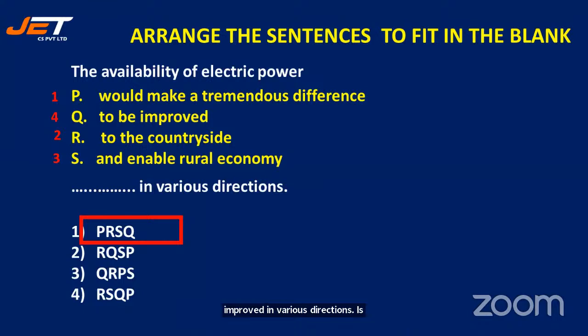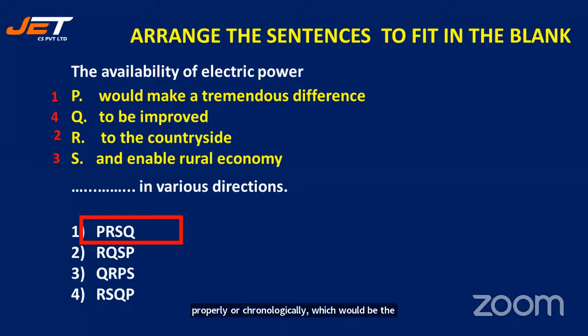Is it clear, students? Since this is a little lengthy, I'll give you more time to choose the answer and put it in the chat box. How you have to do this is, read the question. PQRS has to be arranged properly or chronologically, which would be the continuation of the sentence.